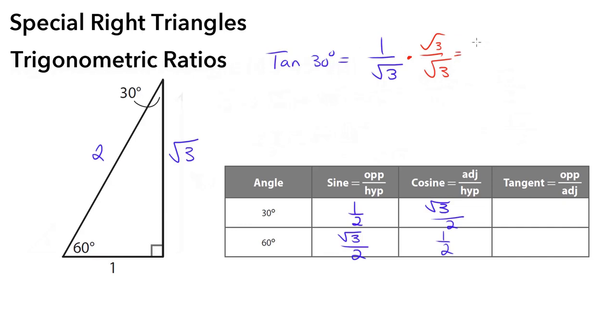So 1 times radical 3 is radical 3, and radical 3 times radical 3 is 3. So the tangent of the 30-degree angle is radical 3 over 3. And now the tangent of the 60-degree angle, so that is adjacent over opposite, and that's radical 3 over 1, which just equals radical 3.